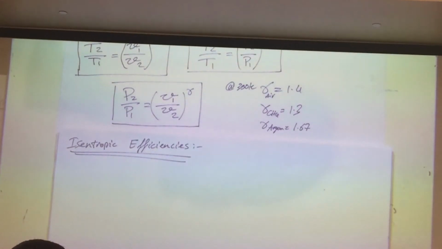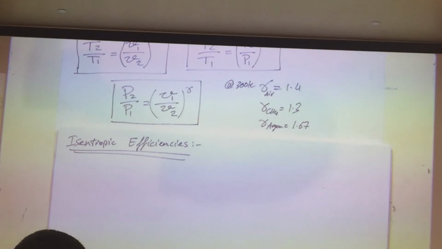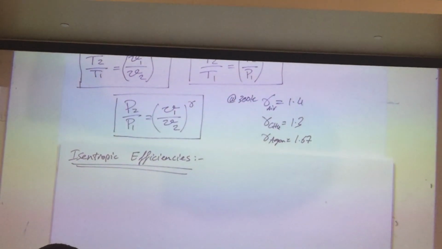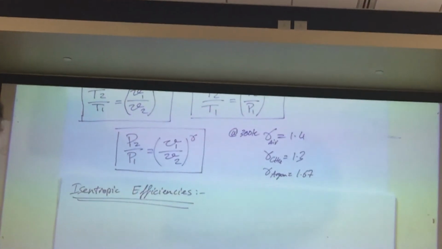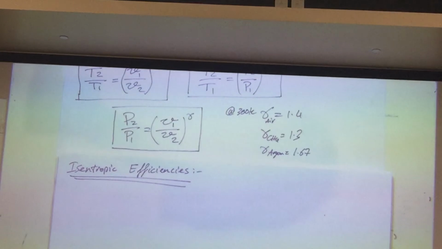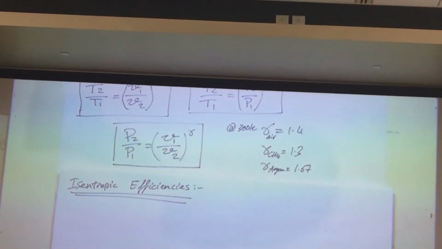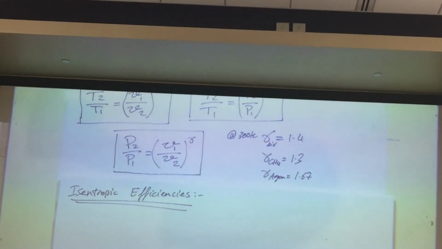Question: Did you say those equations are still valid for variable specific heats? It's a good question, and we're jumping ahead of ourselves here when I mentioned it. It's not valid if you're talking about getting really accurate measurements or predictions, but you're going to actually evaluate it in one of the homeworks.